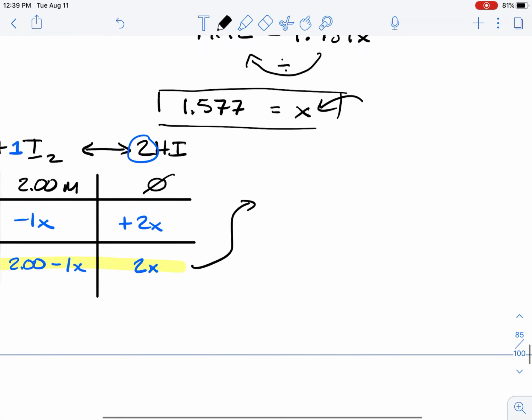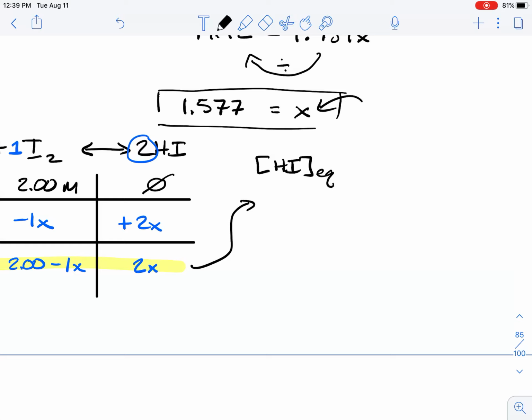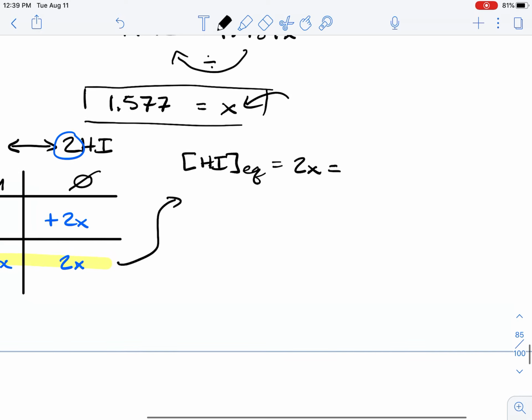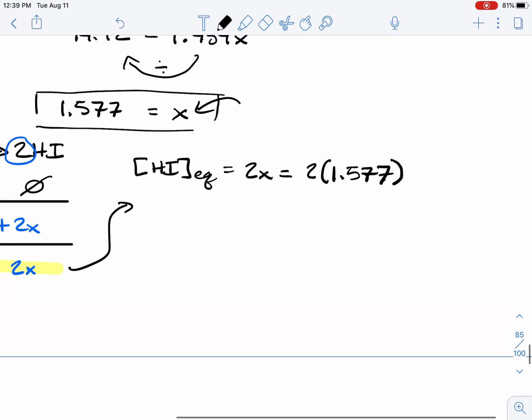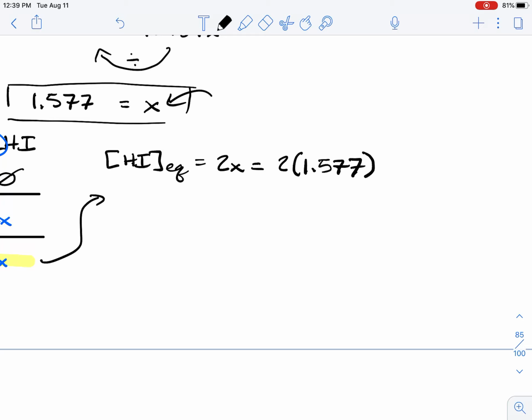And so the equilibrium concentration of HI is defined as 2x, or 2 times 1.577. And so if I plug that into my calculator, I'm going to get 3.154.